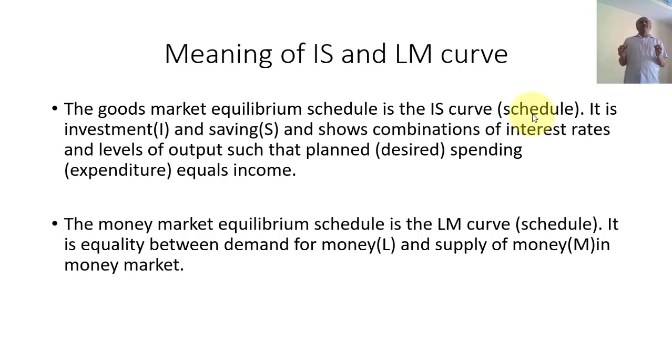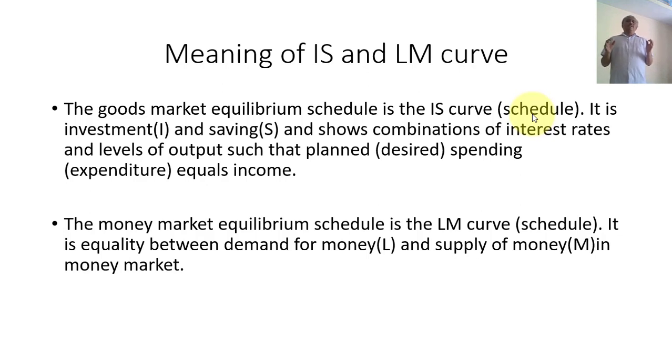Here in the market, the IS curve explains the relationship between investment and savings, that is, when the rate of interest is increased, how it will have an impact on output. That is explained in the IS model.